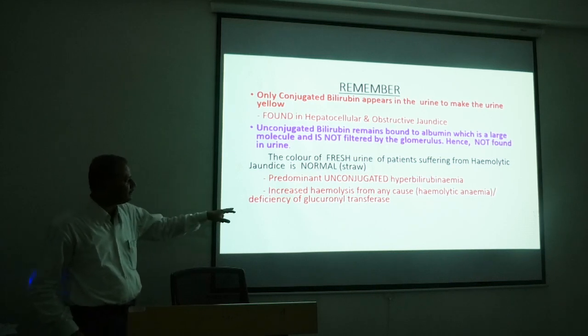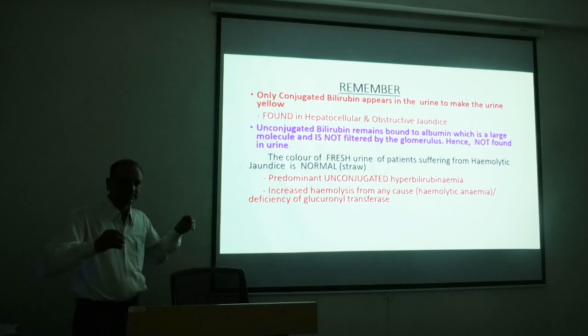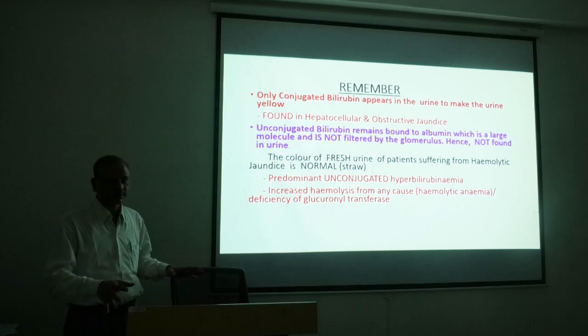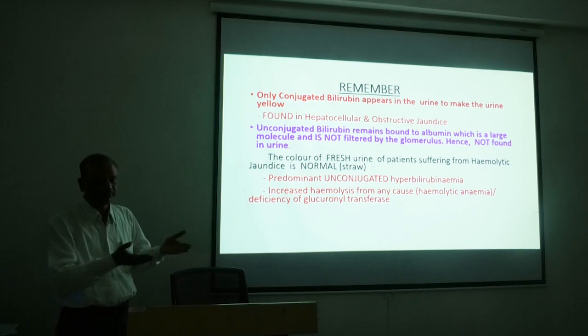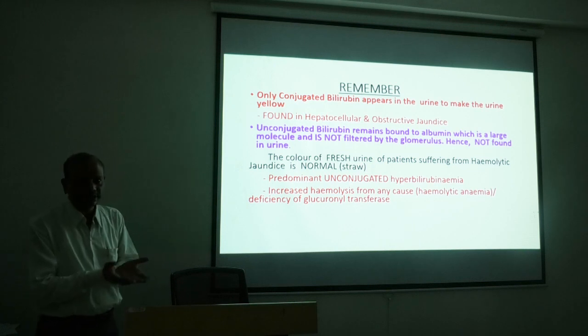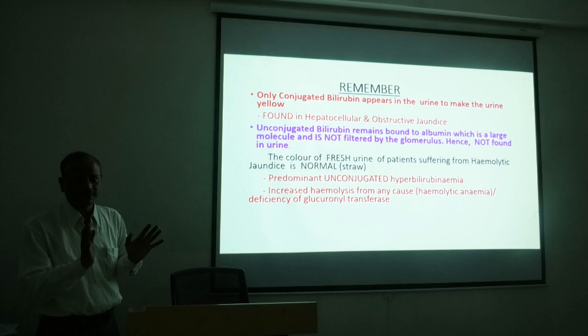Another cause is deficiency of glucuronyl transferase. If it is totally absent, no conjugation will take place. If the deficiency is mild, some conjugation occurs; if moderate, lesser conjugation. Conjugation of bilirubin depends on the degree of enzyme deficiency.